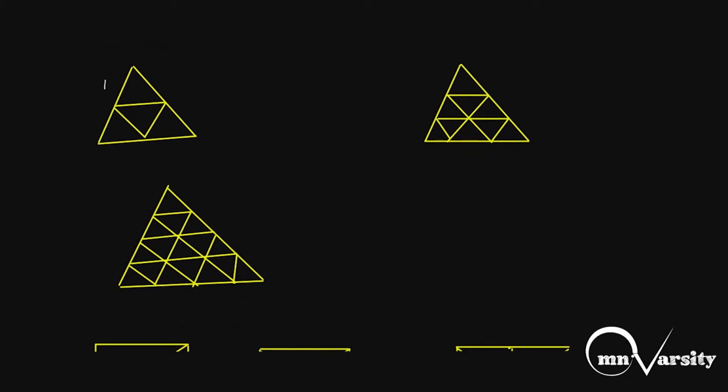For this one, I'm going to write 1 and 2 here. Since there are 2 divisions, I'm going to put 2 dots. For this one, I'm going to write 1 here and then I'm going to add 2 and 1, which will give me 3, and I will write 3 here. I'm going to go from the bottom.